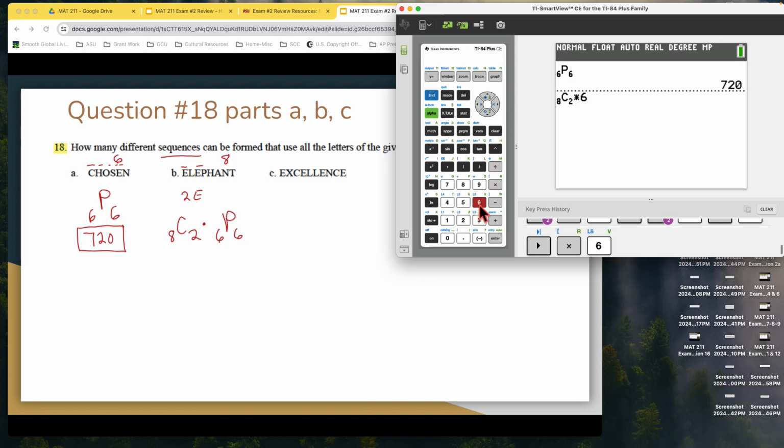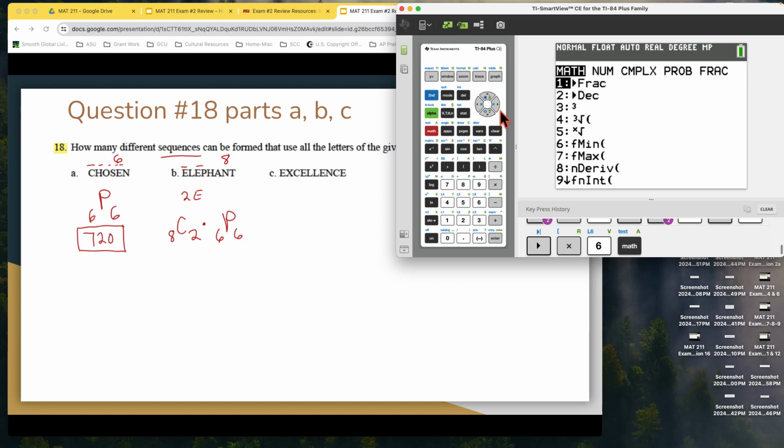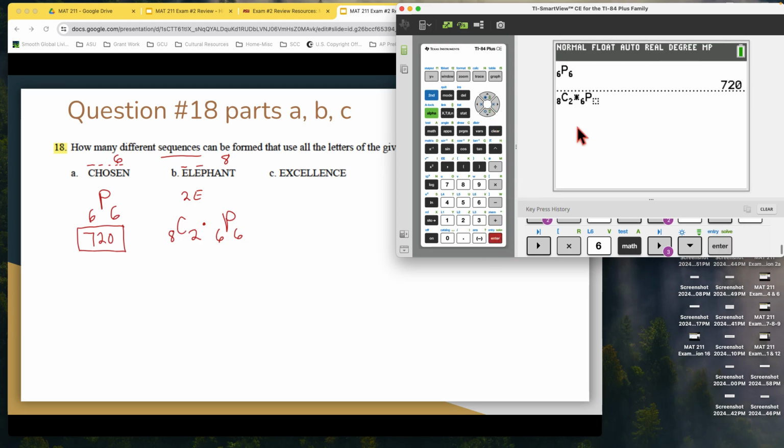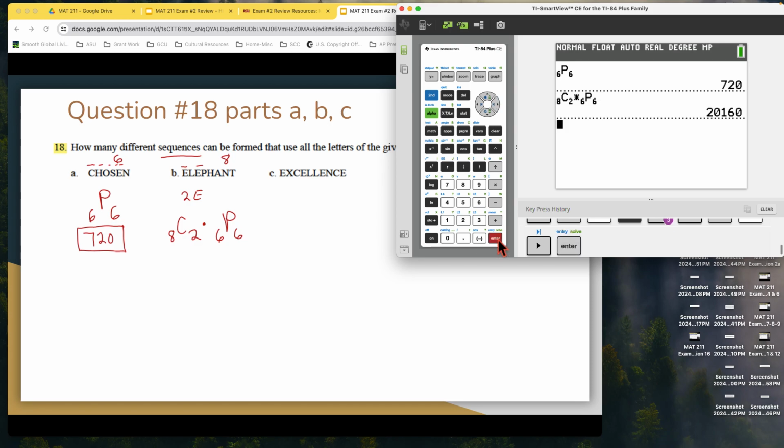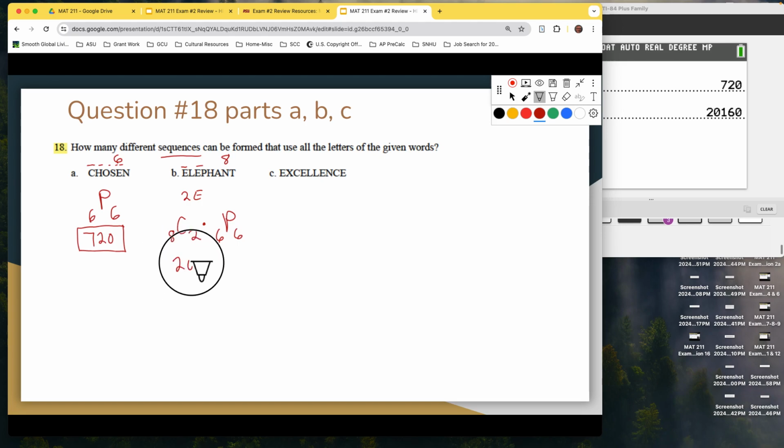So I'll put the 6 first, which you can do. Some calculators don't require that, but why not? And that's really 720 times whatever this is. You could do them individually and then multiply them. Whatever works for you is fine. So this is 20,160. That's how many different sequences you could make.